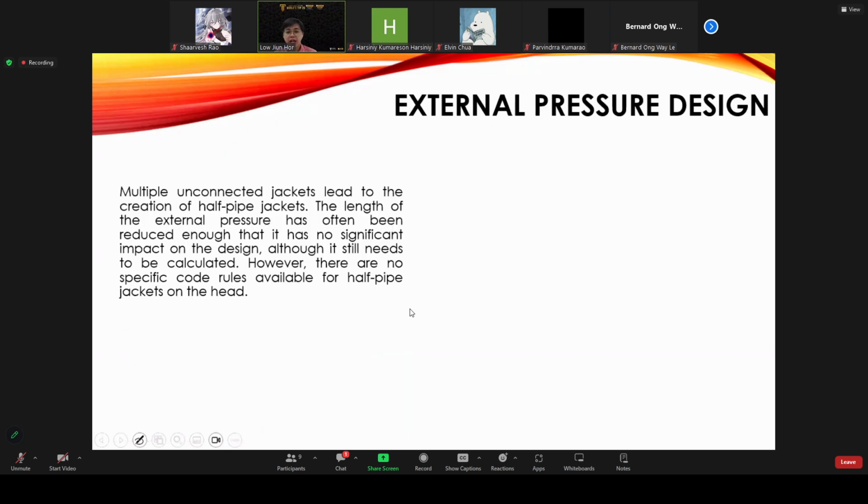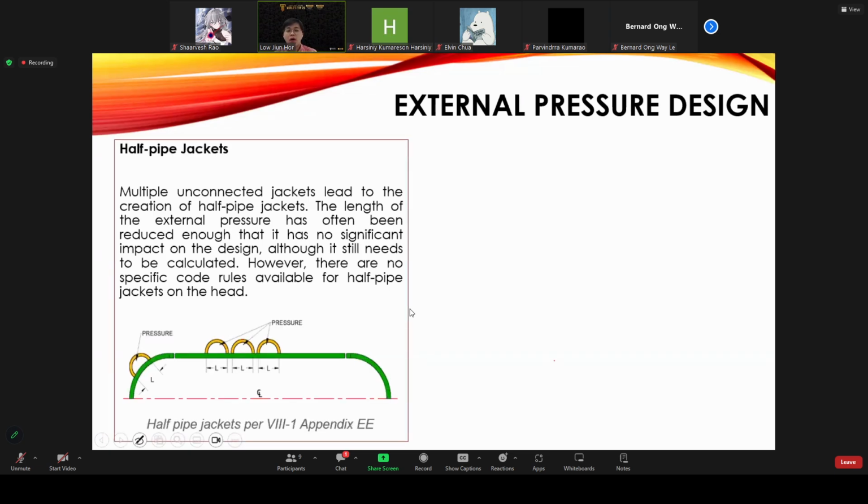Instead of using a jacket, we can also install what we call the half pipe in order to remove or supply the heat energy to the pressure vessel. Later the cooling water or hot water will flow through the gap inside the half pipe here in order to transfer the heat or absorb the heat from the pressure vessel.